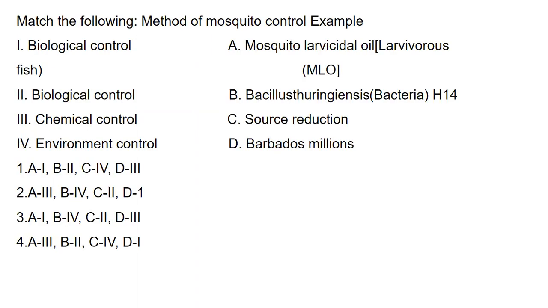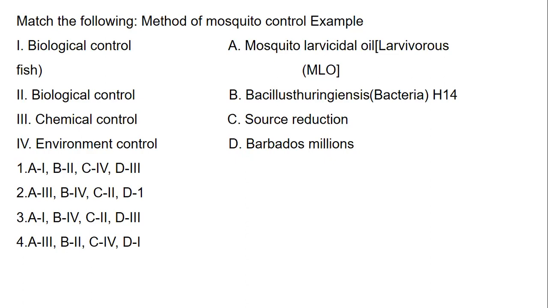Then match the following methods of mosquito control. Biological control, it will be here Barbados millions fish. Then biological control by Bacillus thuringiensis. Environmental control is source reduction. Chemical control is mosquito larvicidal oil.